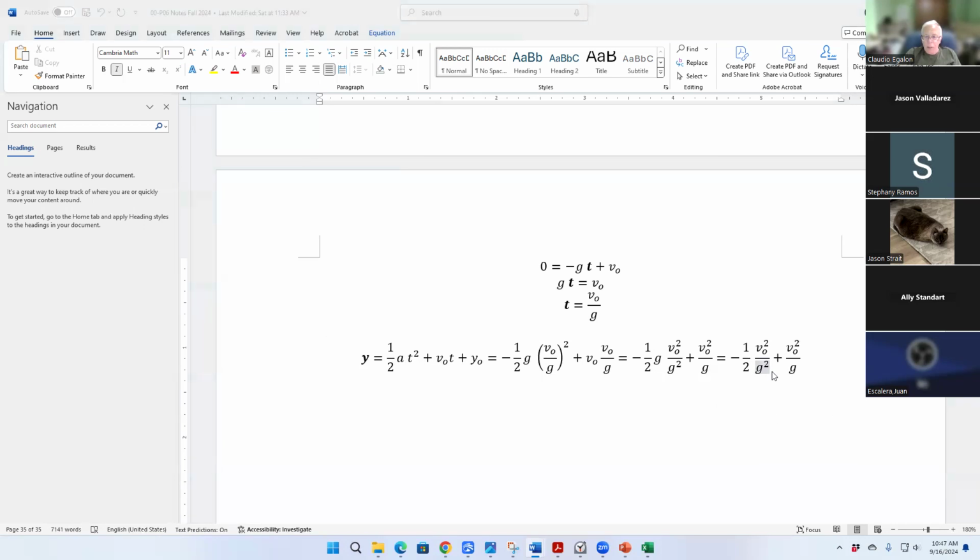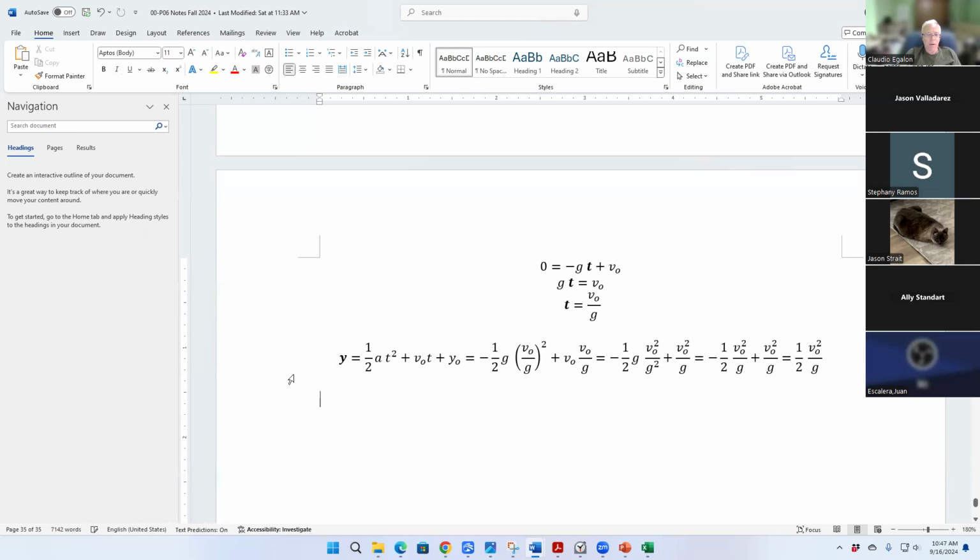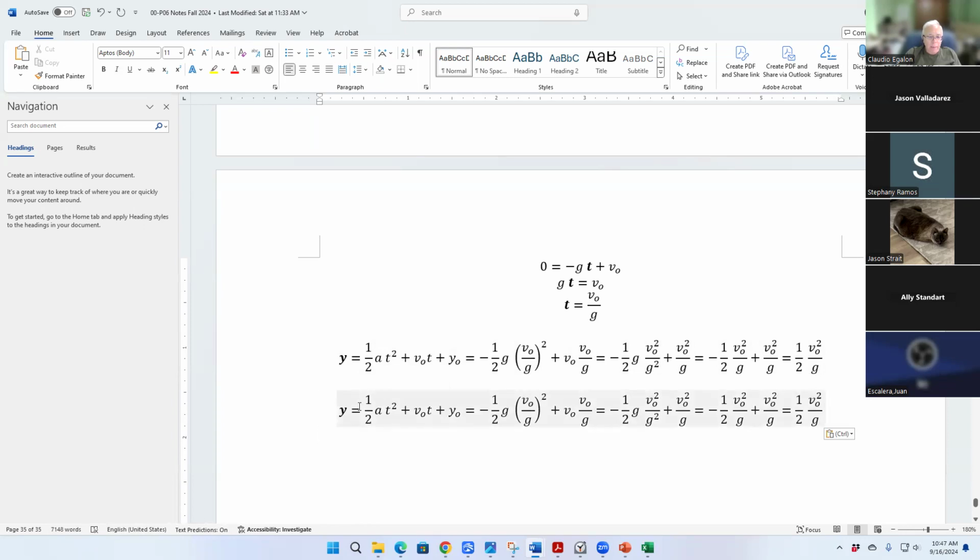No questions, okay. And this G here. And look what we get. We get minus half of V naught squared over G plus 1 V naught squared over G, right? So when we perform this calculation, we get plus half of V naught squared over G. That's going to be the maximum height. Okay, the maximum height that the object reaches.